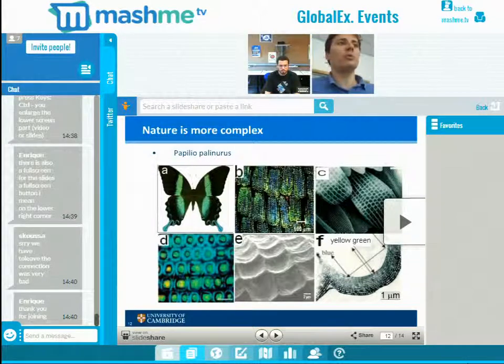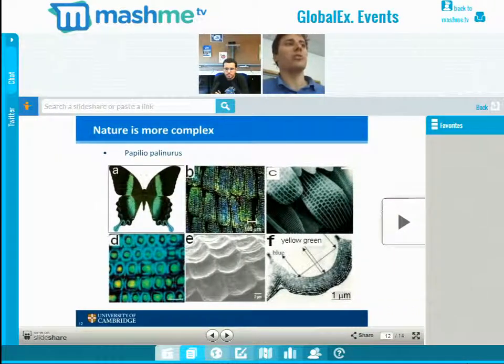And here again, we use the transmission electron microscope. So we prepare thin slices of these scales and then put them into the transmission electron microscope and can look through them. And that's what you see in figure F, where you can see a cross-sectional view of these concavities.